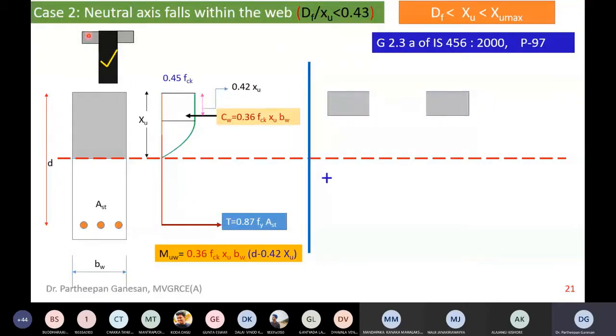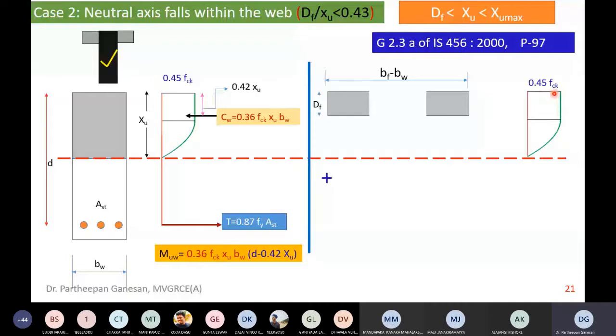Now I am left with this flange portion. The width of the flange is bf minus bw, and the depth of the flange is df. Here the stress distribution is like this, but remember, over the thickness of the flange, the thickness of the flange is only this much. What is the corresponding stress distribution here?